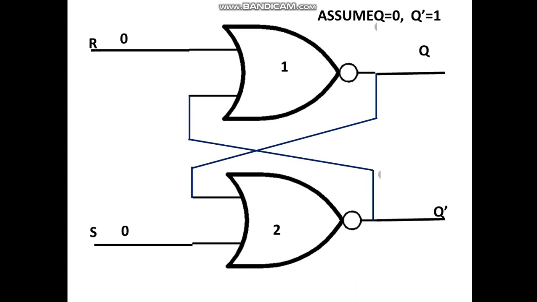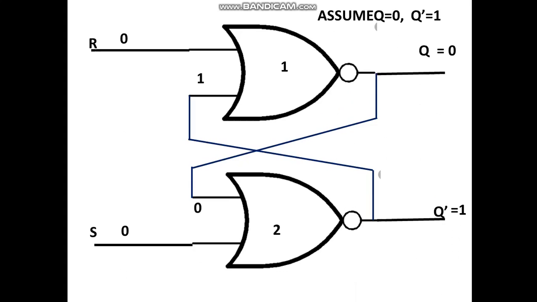So if you assume Q as 0 and Q bar as 1, the other input to NOR gate 2 is 0, right? And the other input to NOR gate 1 is 1. When the inputs to NOR gate 1 are 0, 1, the output will be what? 0. And similarly, the output of the second NOR gate we get as 1.